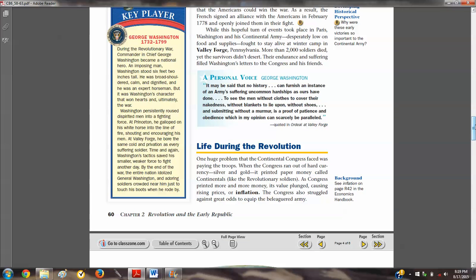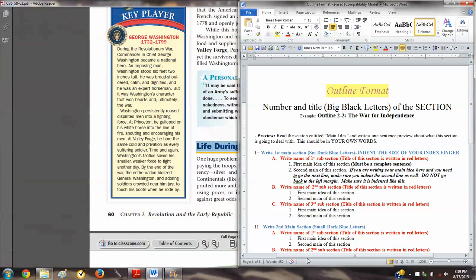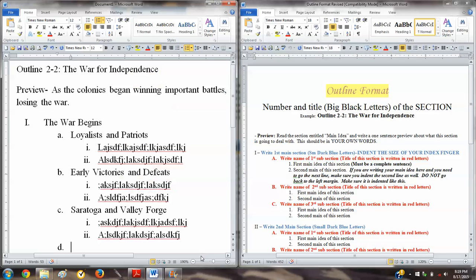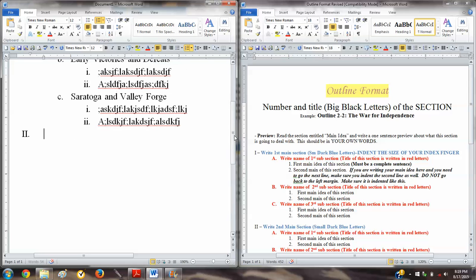The reason we know there is no D is because here is another dark blue letters, which are main sections, which is Roman numeral 2. So life during the revolution is our next point, but it is not D, it is Roman numeral 2. All right, so Roman numeral 2, life during the revolution.